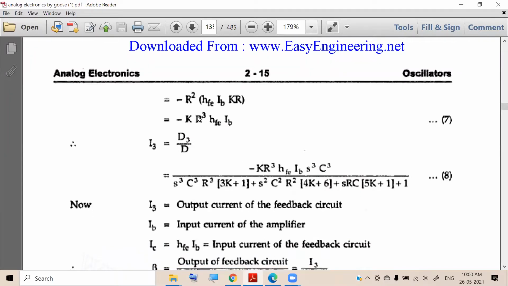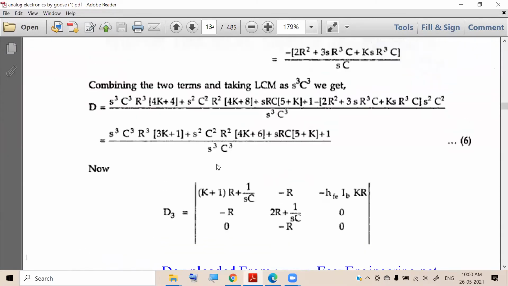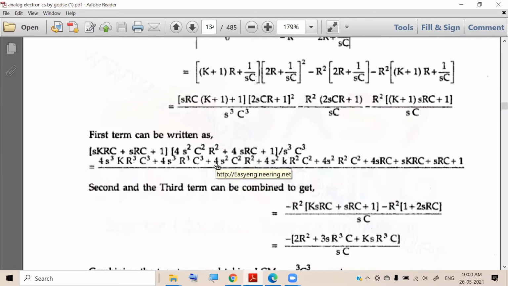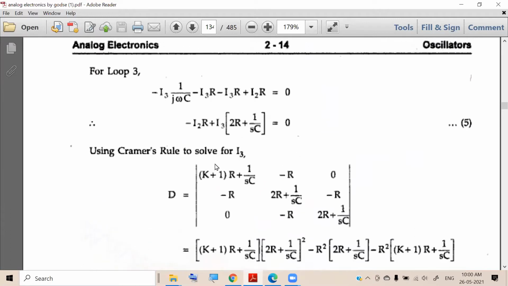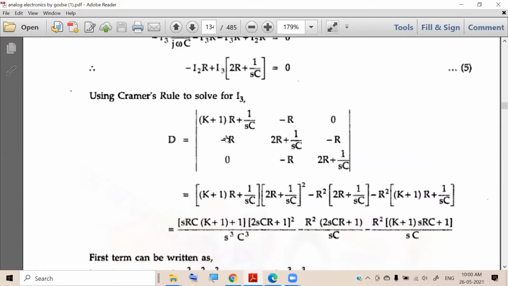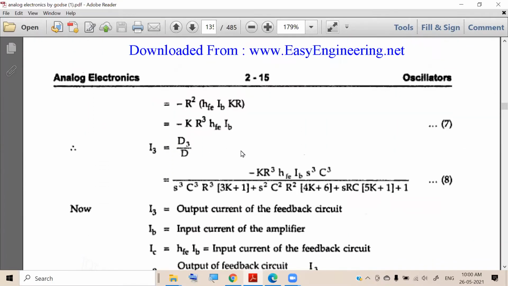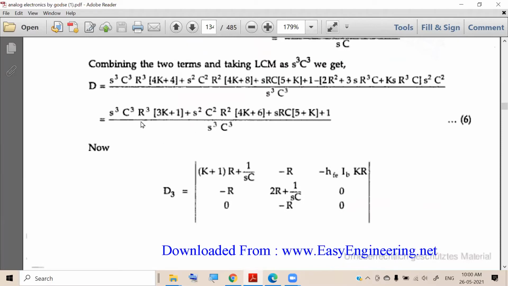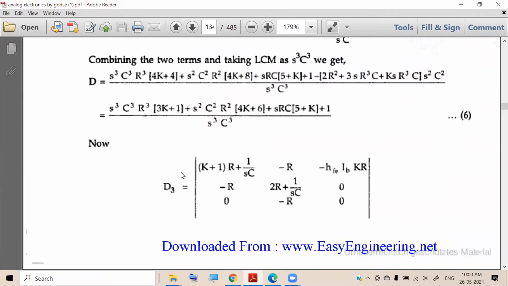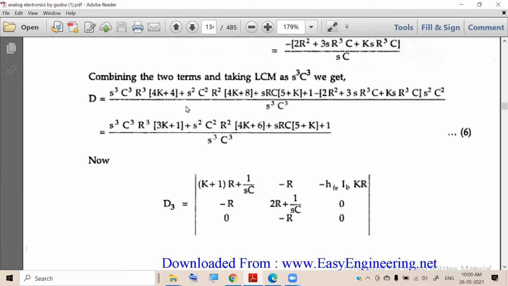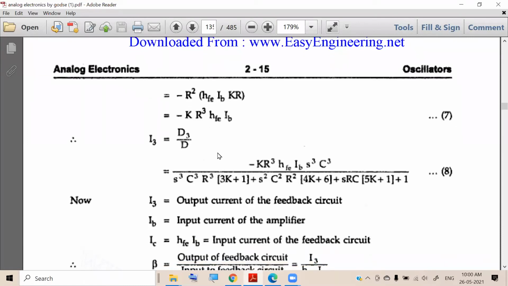According to Cramer's rule, the first variable is I1, the second is I2, the third is I3, and I3 is D3 by D, where D3 replaces the third column with the RHS. D3 by D gives this relation for I3.